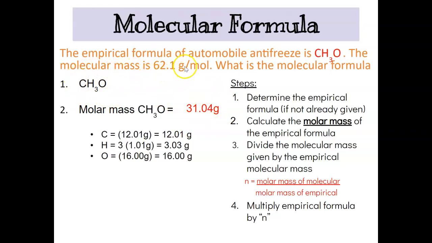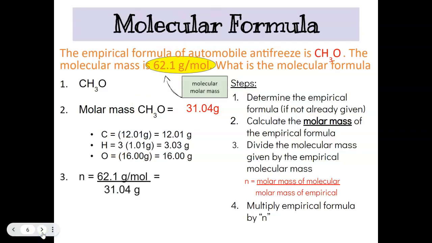Okay, the mass of our molecular formula is 62.1. So we're going to divide that 62.1 by 31.04. Okay, so 62.1 divided by 31.04 will give us an N value of 2. Our final step is to multiply each of these subscripts by that 2 value.